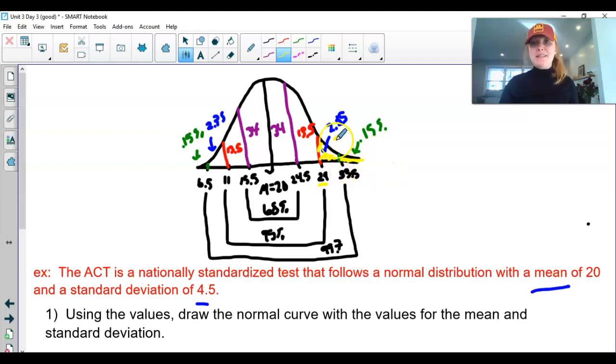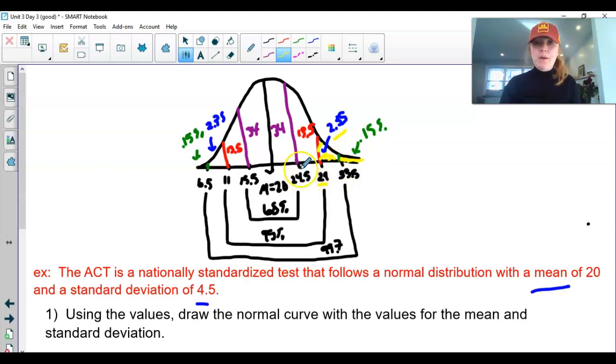So that's 2.35 plus 0.15, the top 2.5% of people will get at least a 29. So you can see this yellow area plus this little yellow area is at least 29.